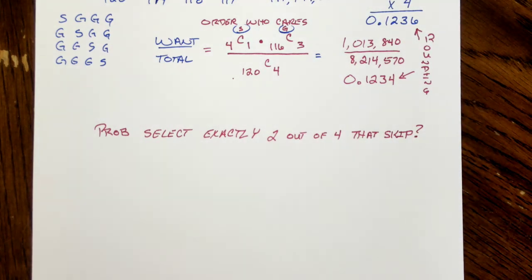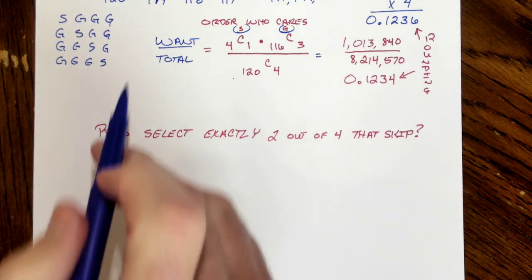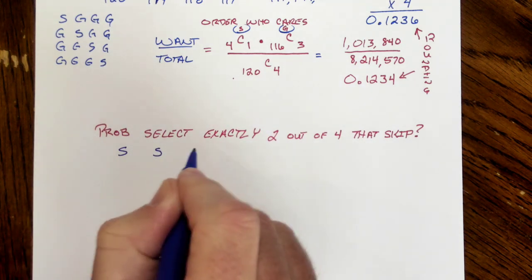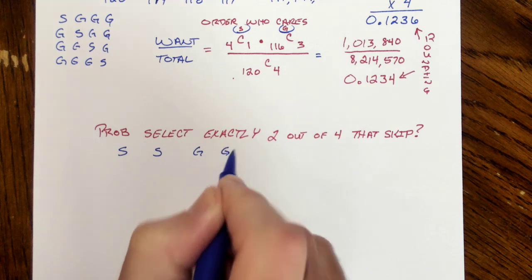All right, so we want exactly 2. So let's talk through this here a little bit. Again, what we want over the total. So we could set it up this way. We need a skip, and a skip, and a good, and a good.